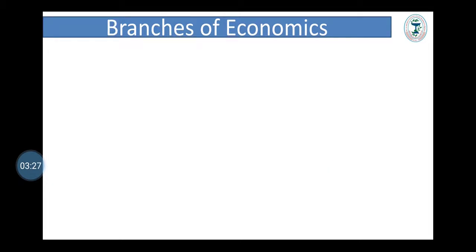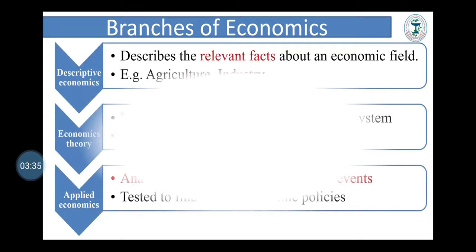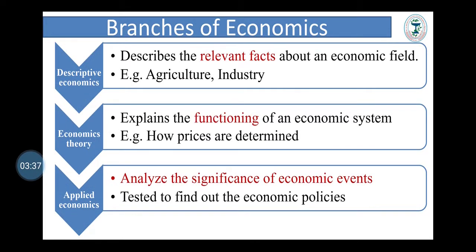Next part, that is branches of economics. There are three branches of economics, that is descriptive economics, economic theory and applied economics. First part, that is descriptive economics. It describes relevant facts about the economic field. Example, that is agriculture, industry and foreign trade.